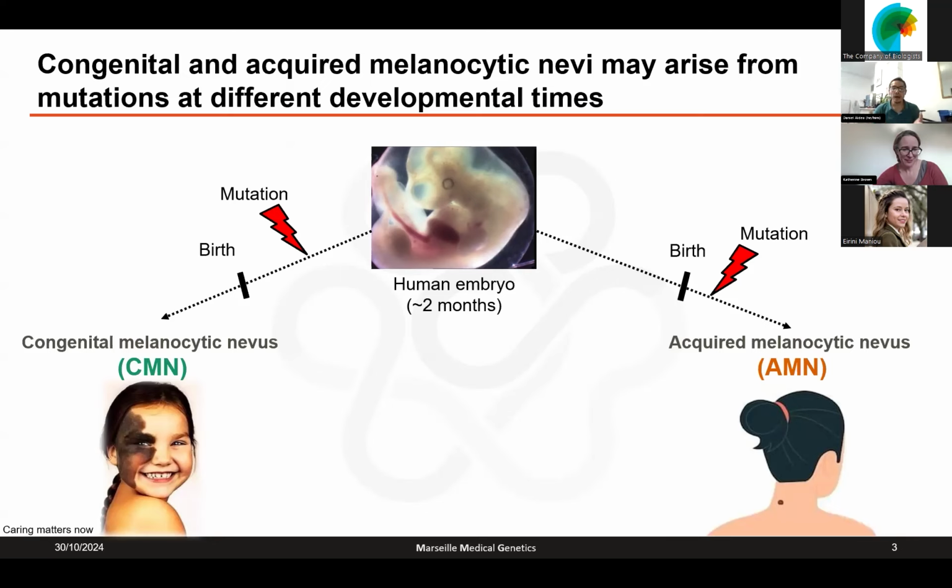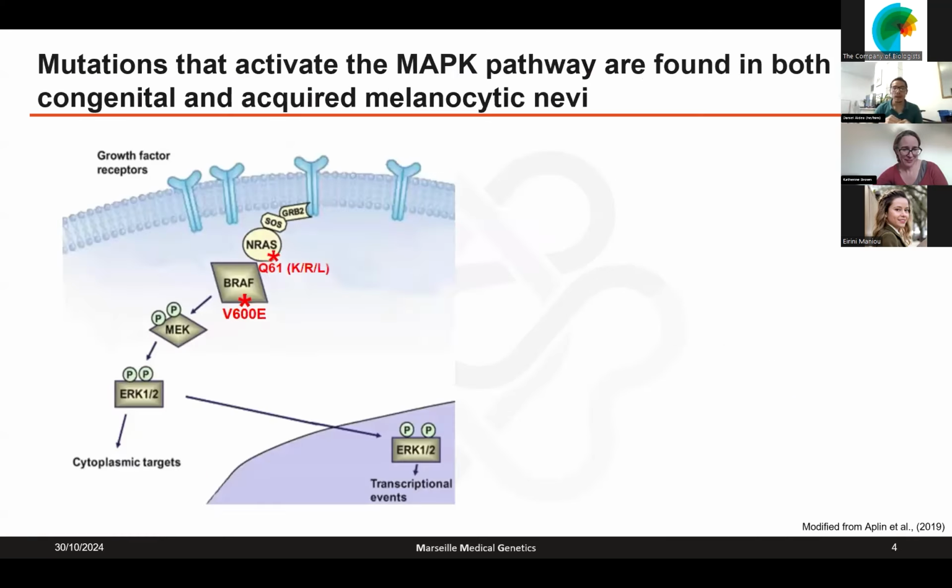Despite the phenotypic differences, if we look at a molecular level, we can see that there are similarities. Mutations that activate the MAP kinase pathway are found in both congenital and acquired melanocytic nevi.